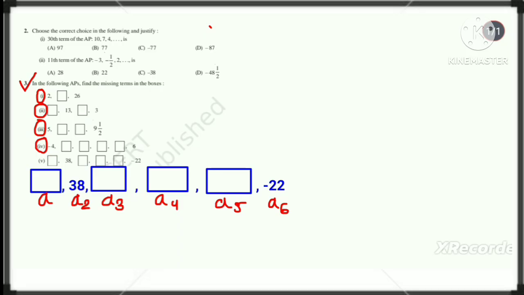Now the last question, question number 5, and here we need to find A3, A4 and A5. For that, firstly let's find its common difference.